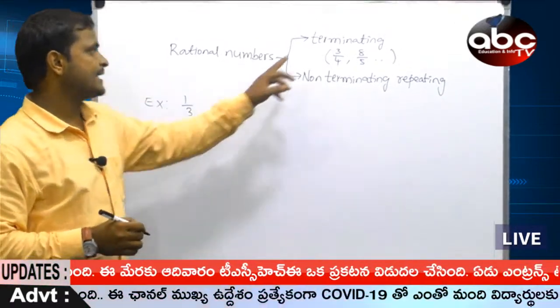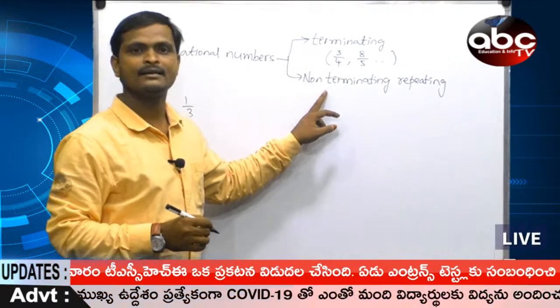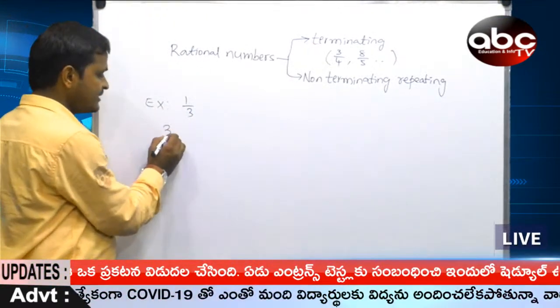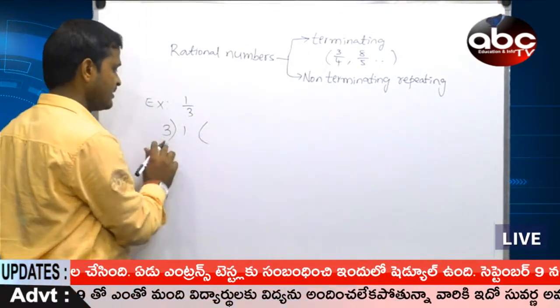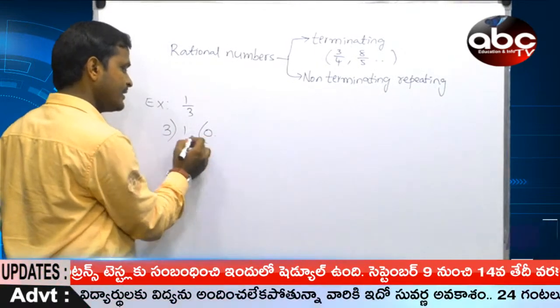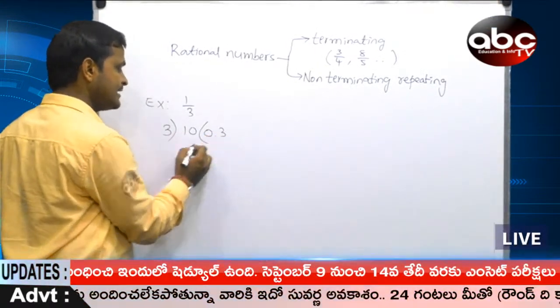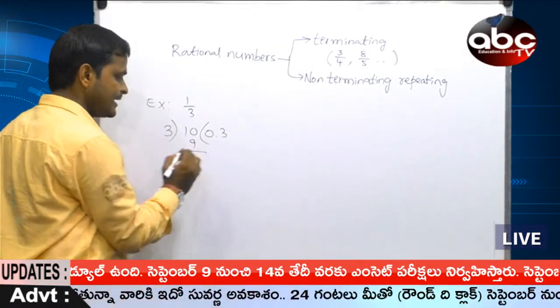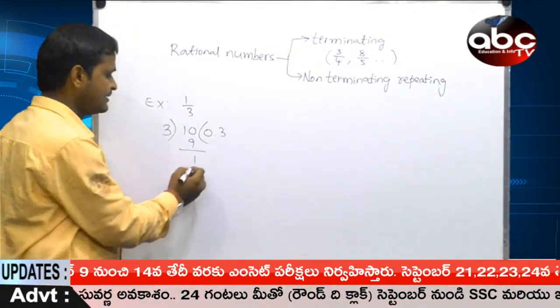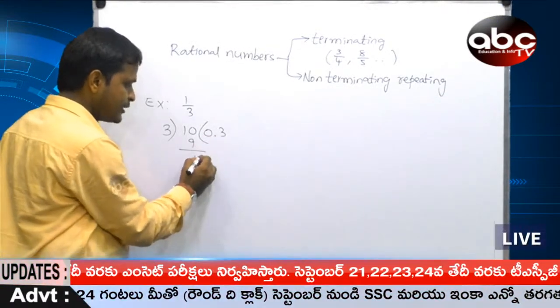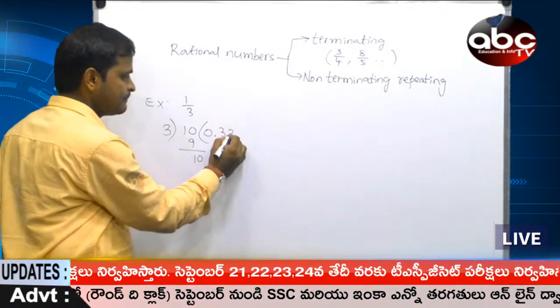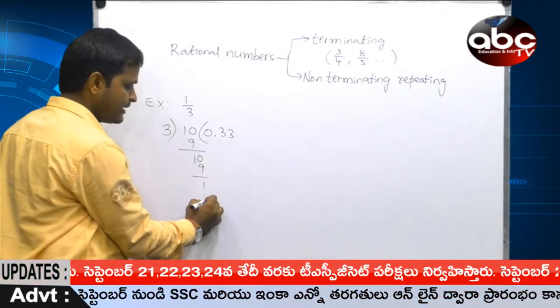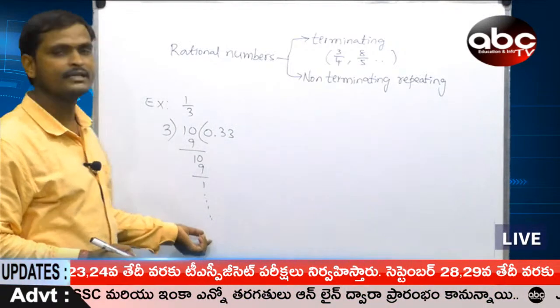Is 1 by 3 terminating or non-terminating? See, by using division: 0.0, 3 3s are 9, 10 minus 9, 1, same, 0, 3 3s are 9. This process continues.